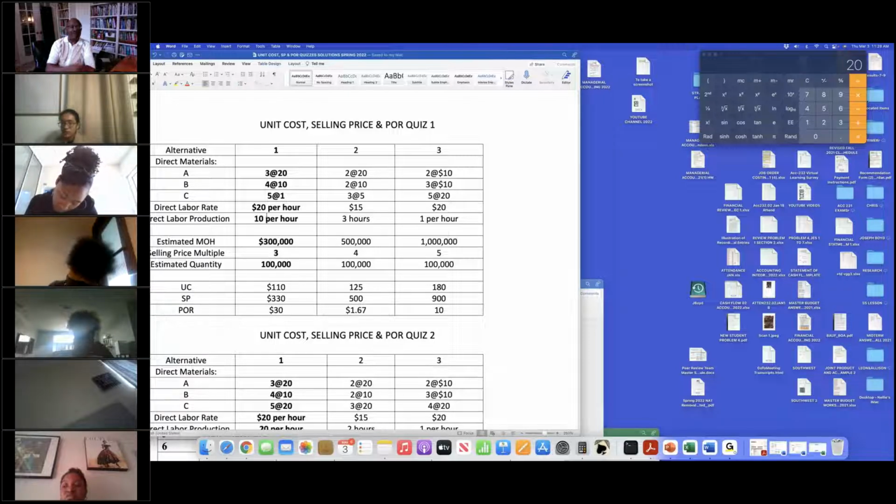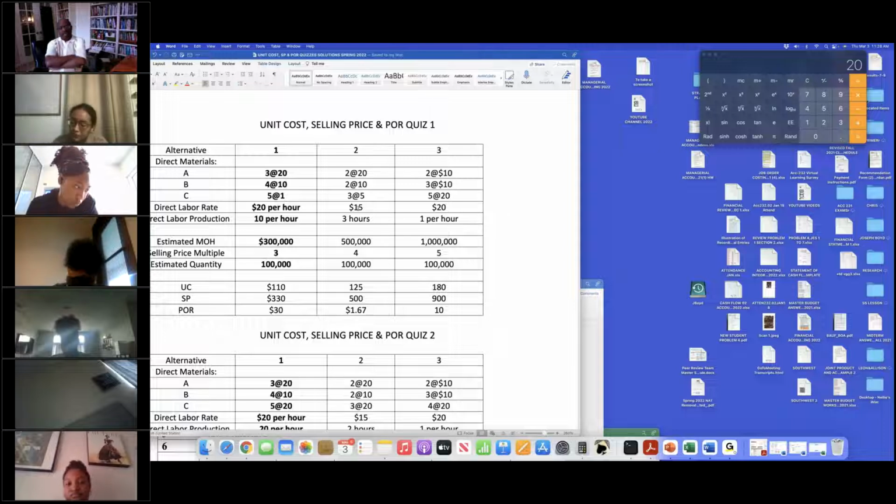Okay, so the way the problems are written, this is the rate, $15 an hour. So that rate is on a per hour basis, and that's telling you the number of hours. So just look at it that way. That's why we cleared it up now.